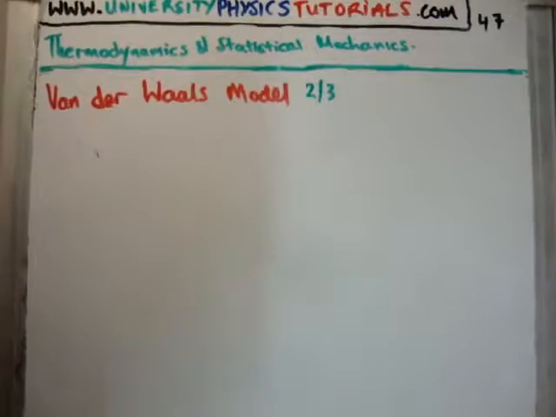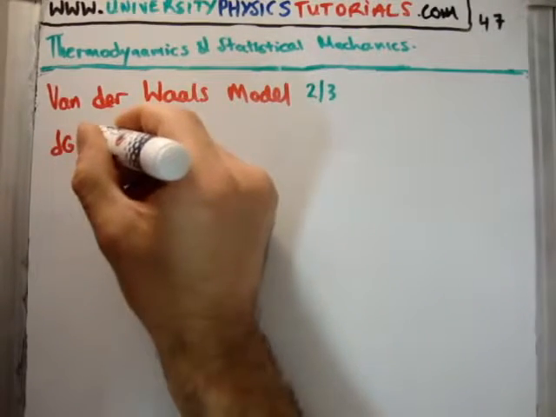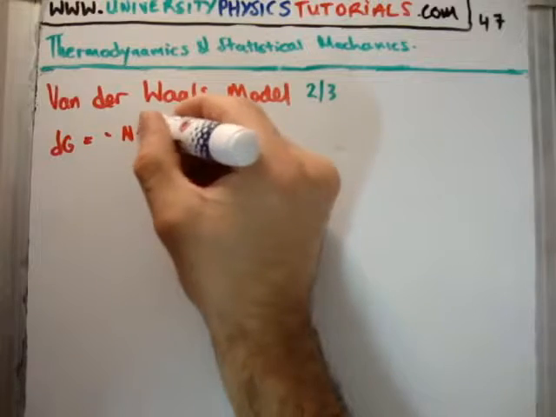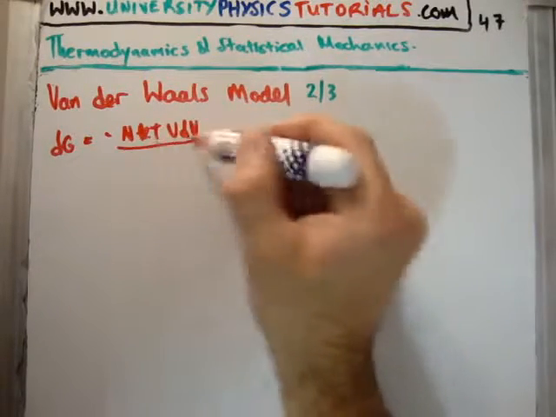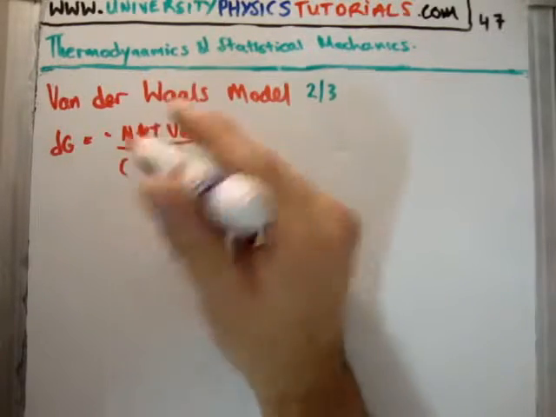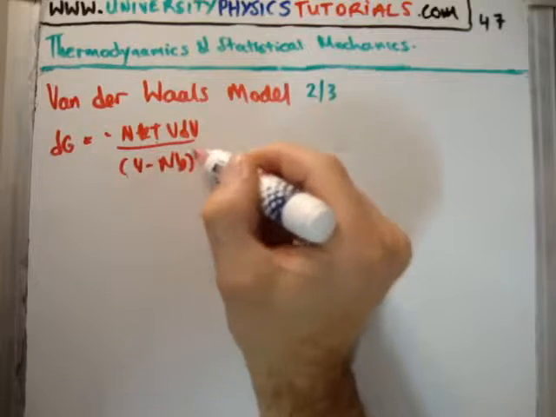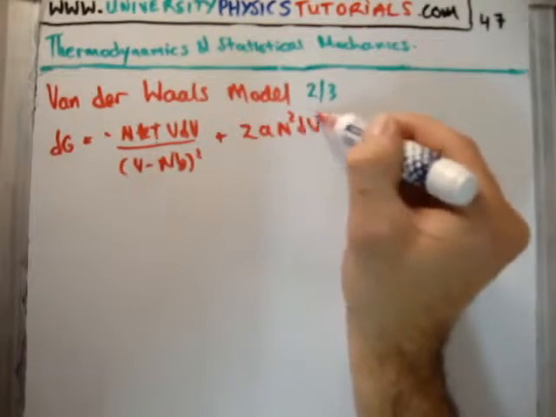So let's just rewrite that. We saw that the infinitesimal change in the Gibbs free energy is equal to minus nkT V dV over (V minus nB) squared, excuse me, that's a typo, plus 2a n squared dV over V squared.